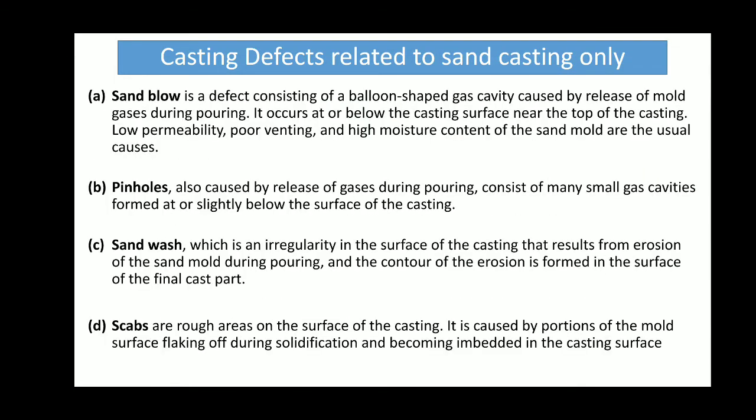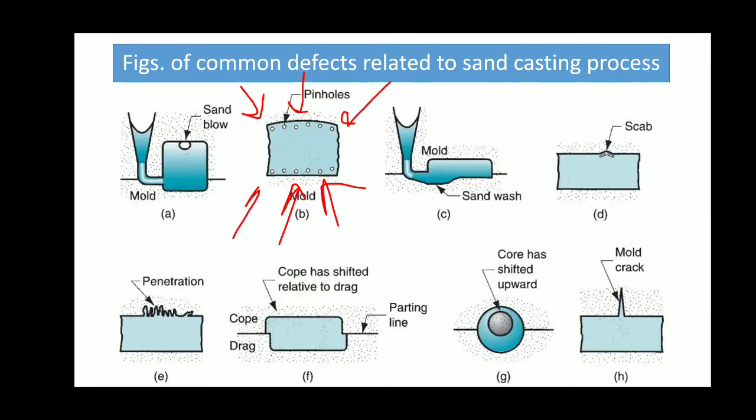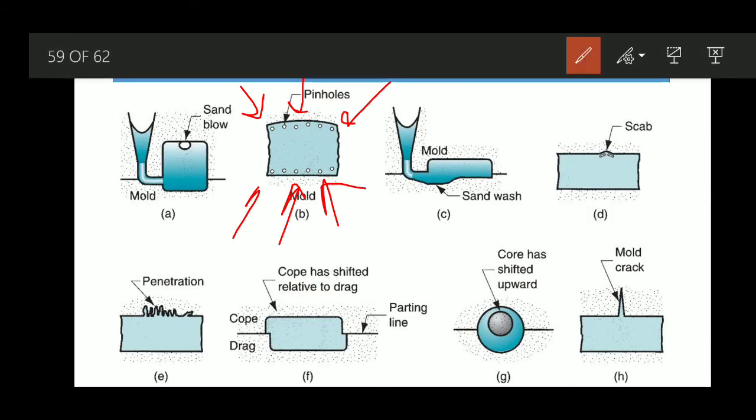Similarly, sand wash is a problem. What is sand wash? Basically it is an irregularity in the surface of the casting resulting from the erosion of the sand mold during the pouring of the molten metal. Whatever way the mold has eroded, that particular shape will be there on the final part.